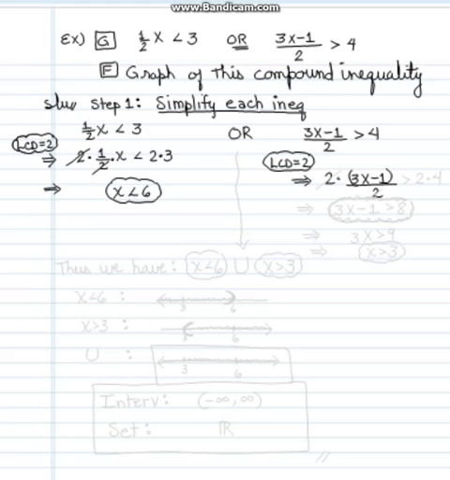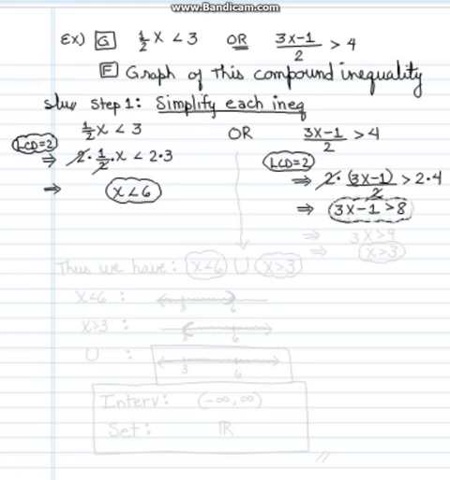I put parentheses around the numerator because there are 2 terms up there, but I don't have to distribute the multiplication by the upper 2. It actually cancels with the factor of 2 on the bottom. It just leaves 3x minus 1 is greater than 2 times 4, which is 8.